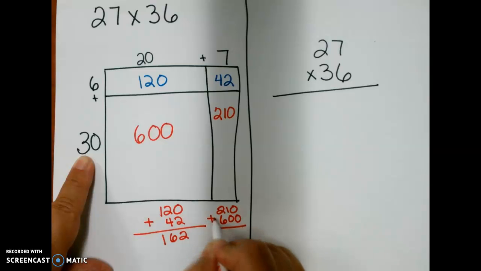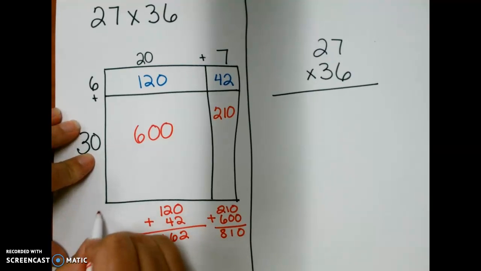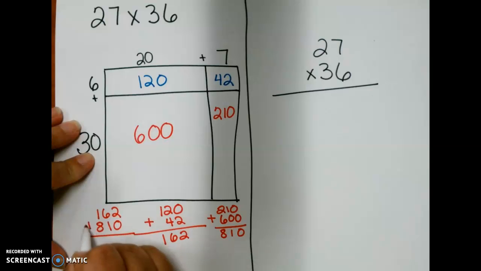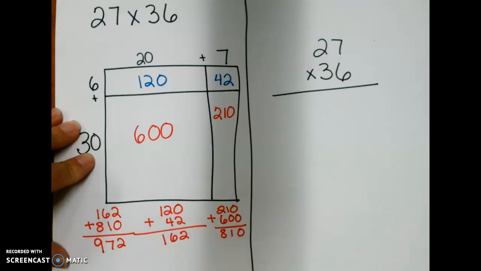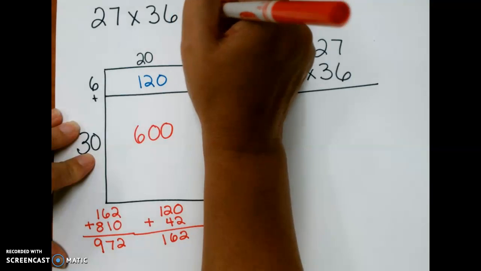And when I add those, I get 810. Now when I add my two steps together, I have 162 and 810. 2 plus 0 is 2, 6 plus 1 is 7, 1 plus 8 is 9. So my answer is 972.